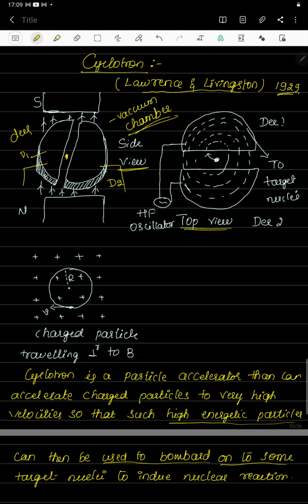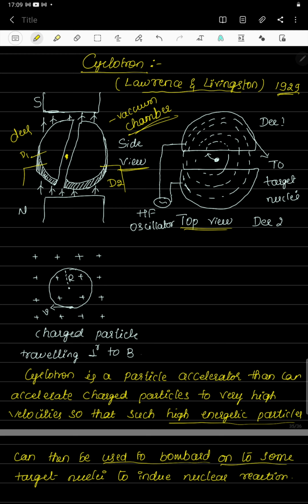The whole setup is placed between two strong magnetic pole pieces, the two electromagnets N and S, which produce the magnetic field.